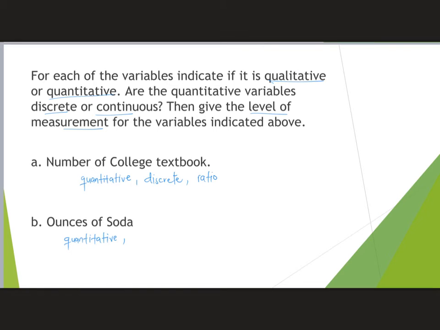Now, to determine whether it is discrete or continuous, you need to ask yourself, is it a measured quantity? In this case, ounces of soda represents the weight of soda, and we know that weight is a measured quantity. So that makes it a continuous variable.